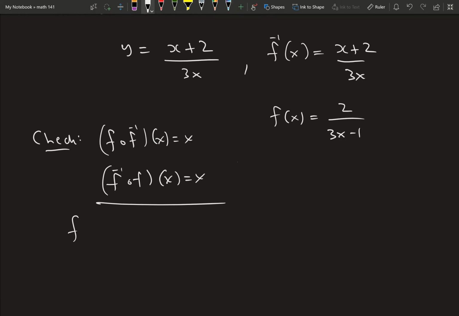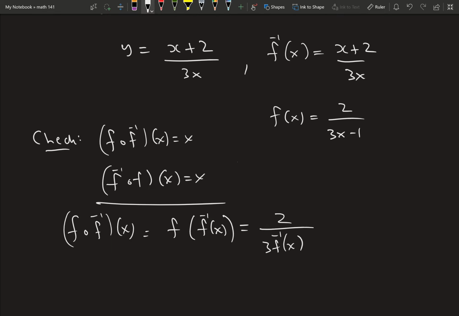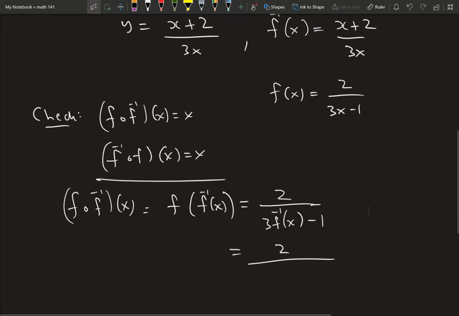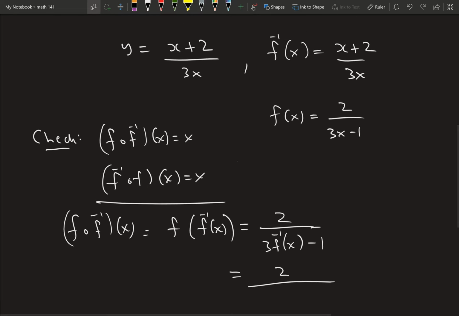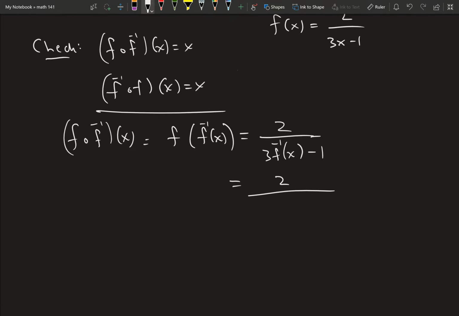So let's go ahead and start with the first one, f of f inverse of x, that's f, and then replace x with f inverse, hence we get 2 over 3 f inverse of x minus 1, where f inverse was x plus 2 over 3x, so x plus 2 over 3x, and then minus 1 here.